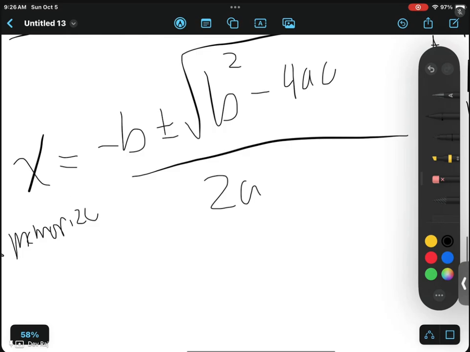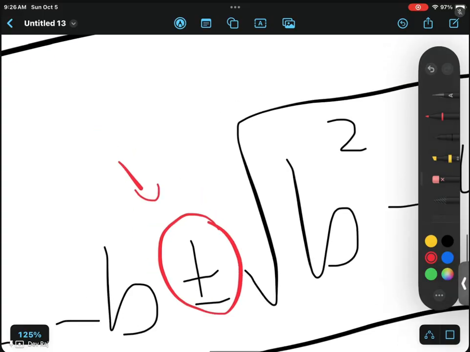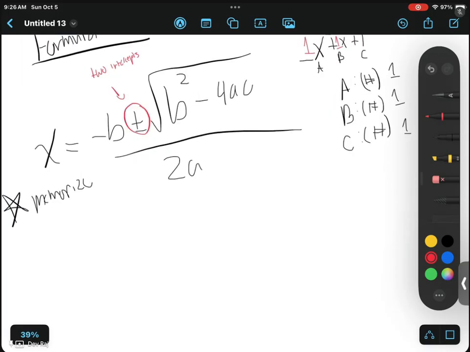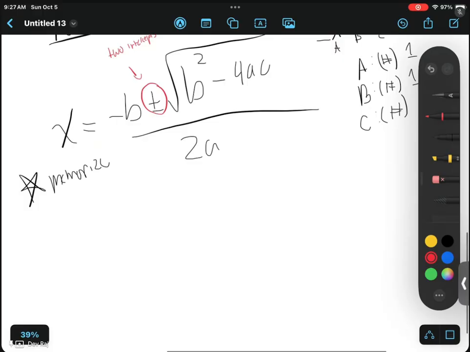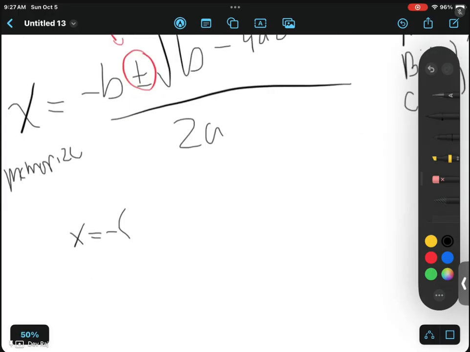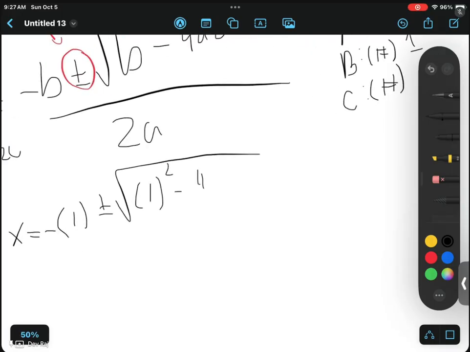So you have to memorize this formula. Remember, this plus minus means 2 intercepts. And then we could just plug in our values, right? So x equals negative, what's our b value? We said 1, right? Plus minus square root, we have b, that's 1 squared, minus 4, what's our a value?